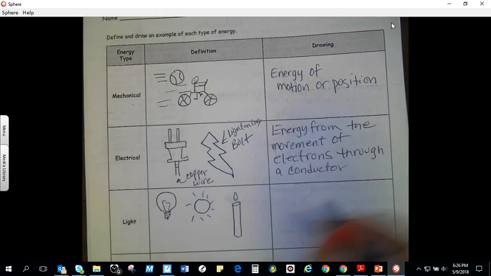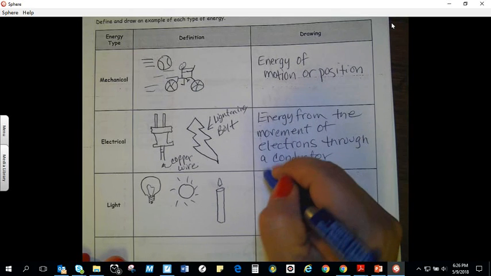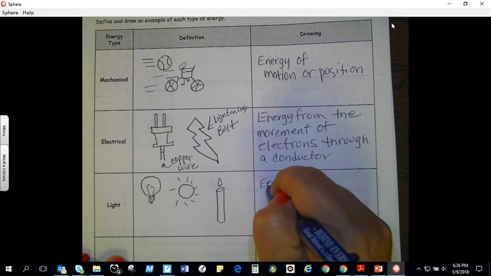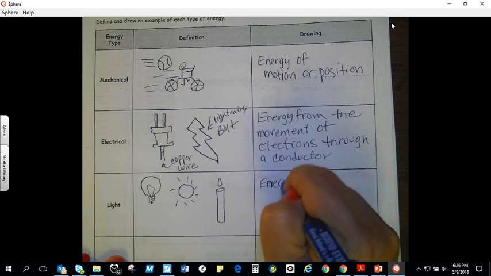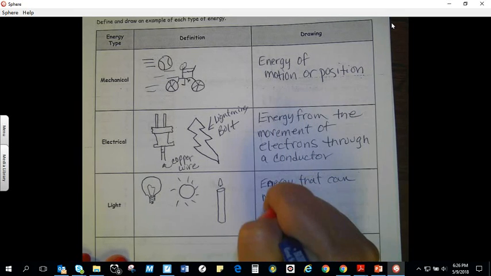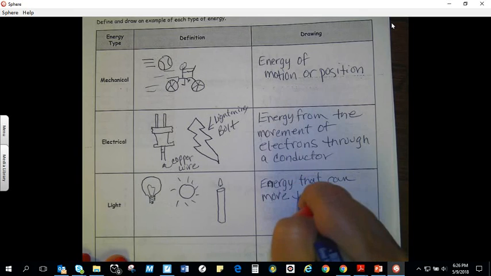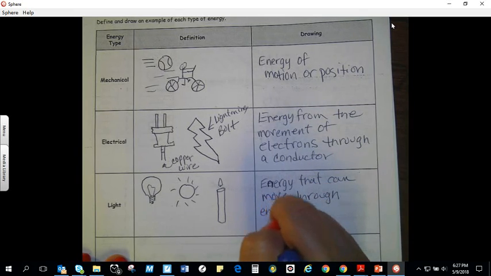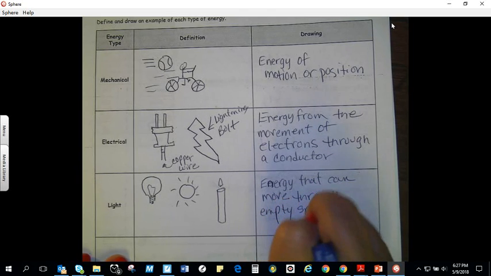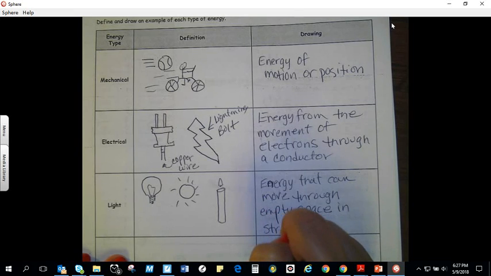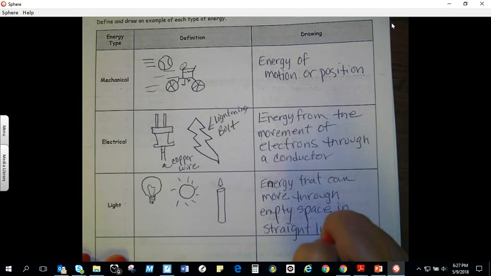All right, and so the definition of light energy is energy that can move through empty space in straight lines. And remember, light travels in straight lines. Okay? Let's look at thermal.